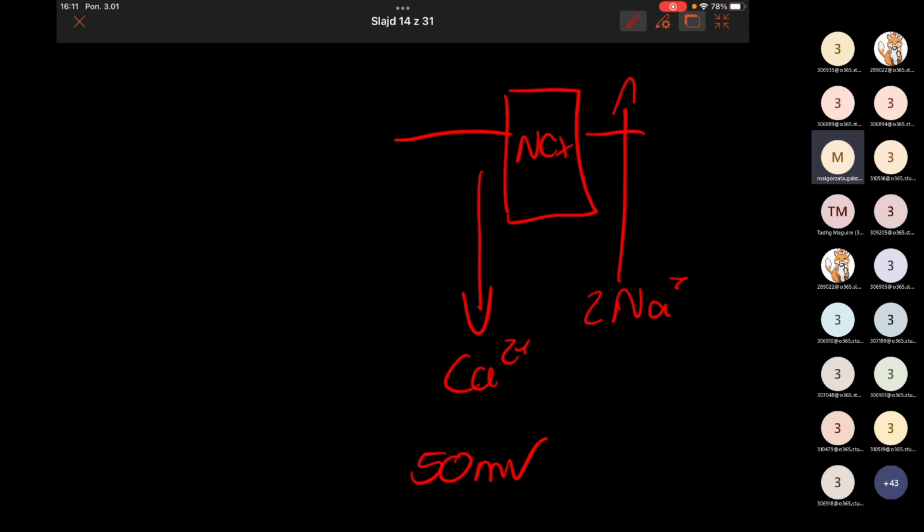So it supports the L-type calcium channels in calcium transport into the cell. During depolarization, the sodium calcium exchanger supports fast sodium channels.